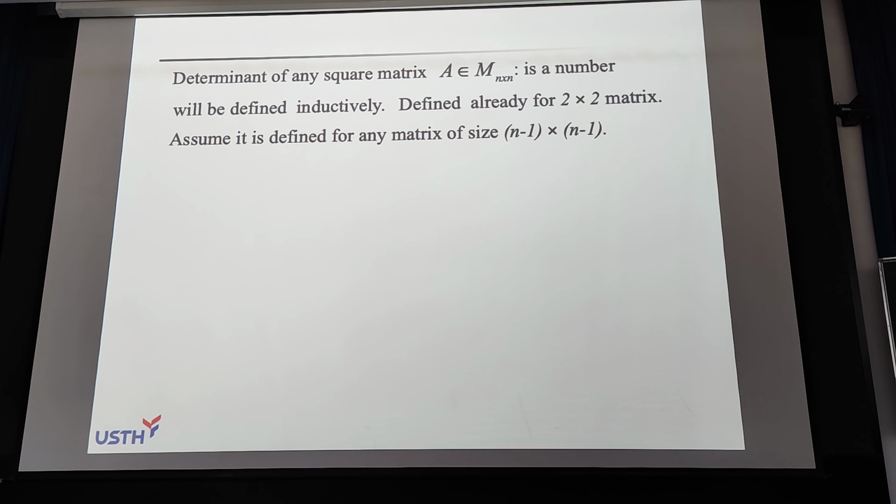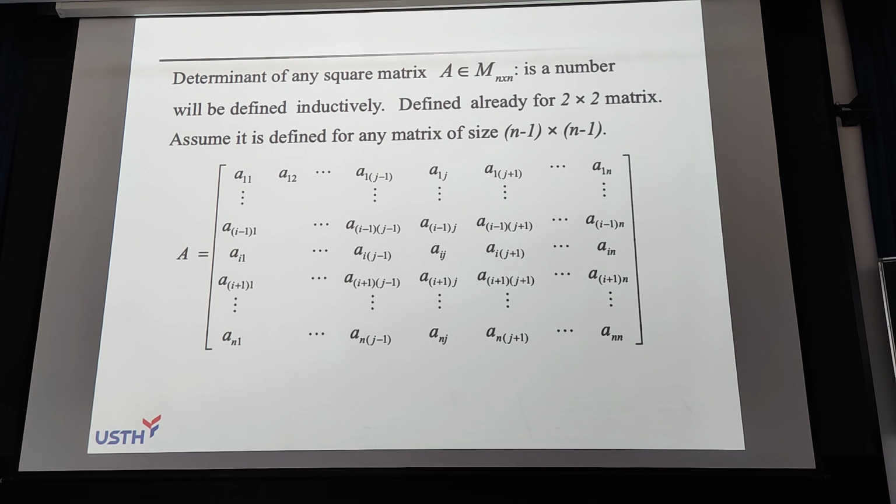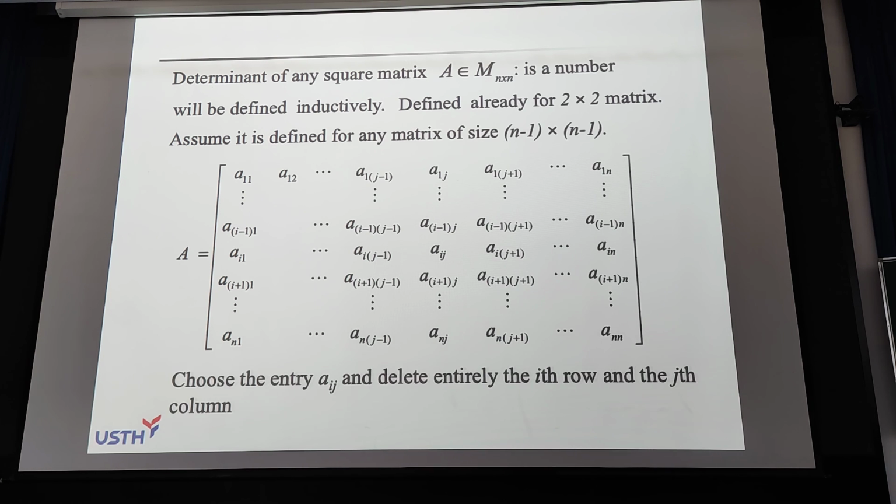Now A is a big one, of size n by n. How can we define the determinant of A? We can do as follows. First, we choose an entry a_ij.